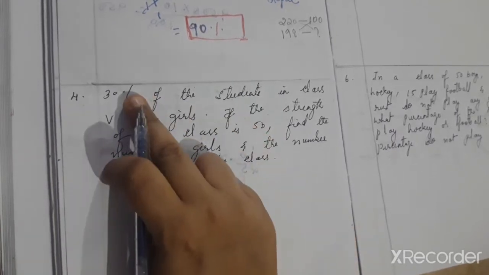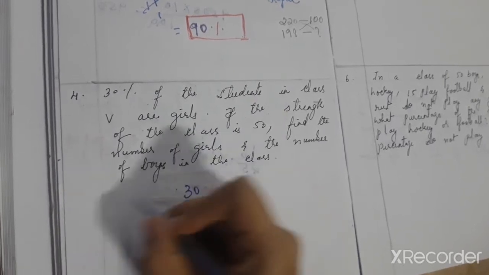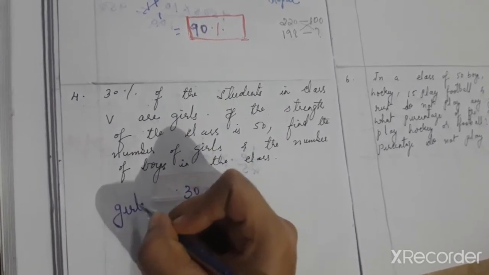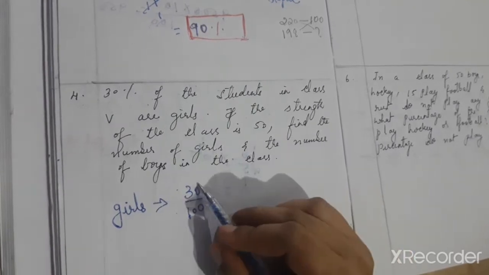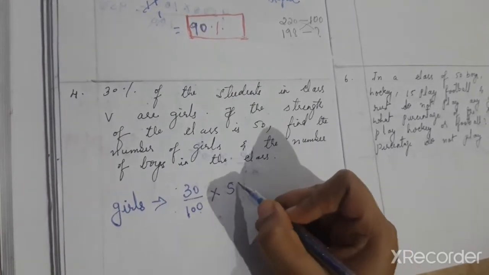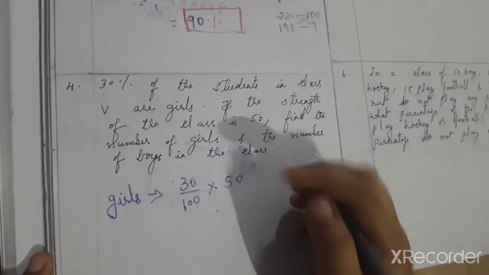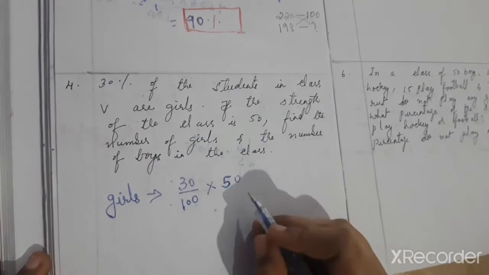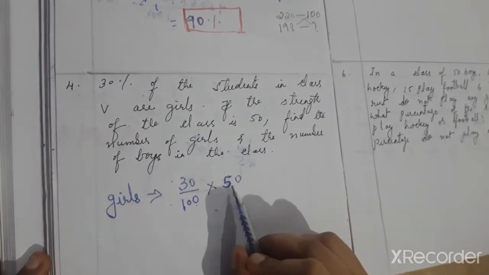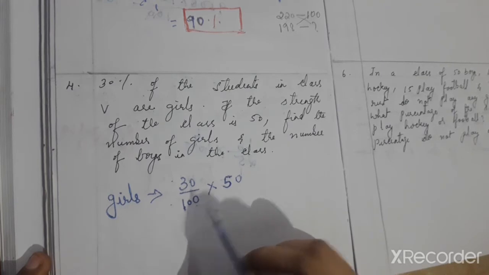So 30% means 30 divided by 100 into the total strength, 50. Percentage is always calculated on the total or given quantity. In total, 50 students are in the class. 30% means 30 divided by 100.